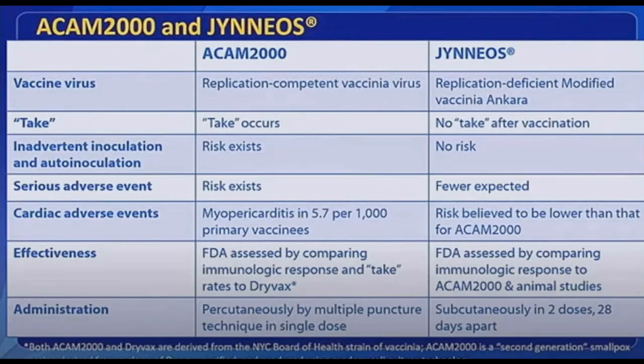That means when you are administered this vaccine, the virus actually replicates in your body. And the Genius vaccine is a replication deficient modified Vaccinia Ankara.